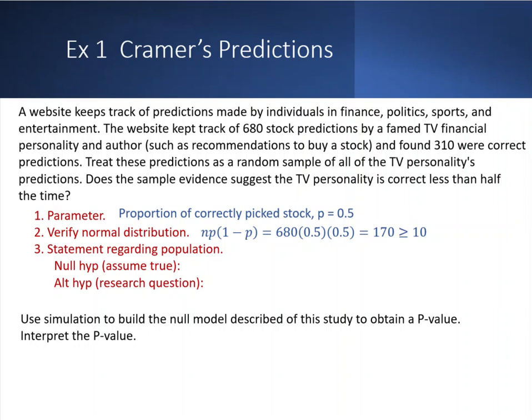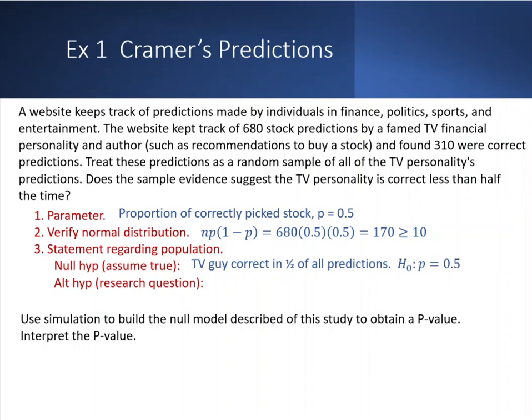So let's see if we can come up with our statement regarding the population. The null hypothesis will always be our statement we assume to be true. So in this case, we're going to assume that the TV guy is correct in half of all predictions. In other words, the null hypothesis H sub 0 says that p is equal to 0.5.